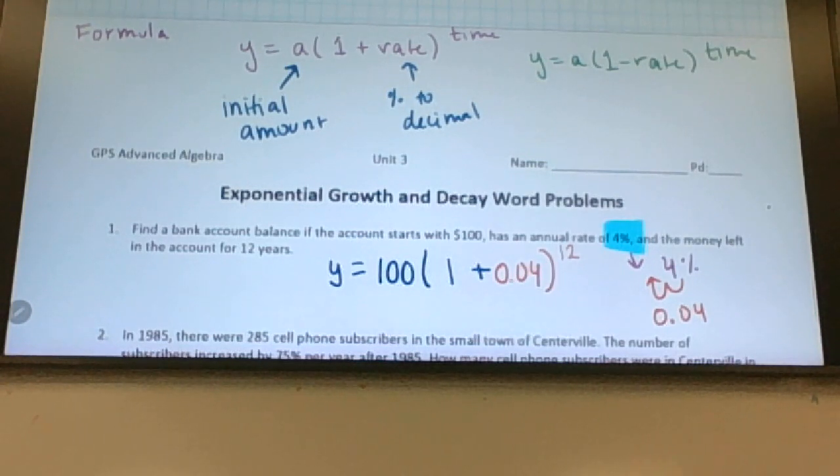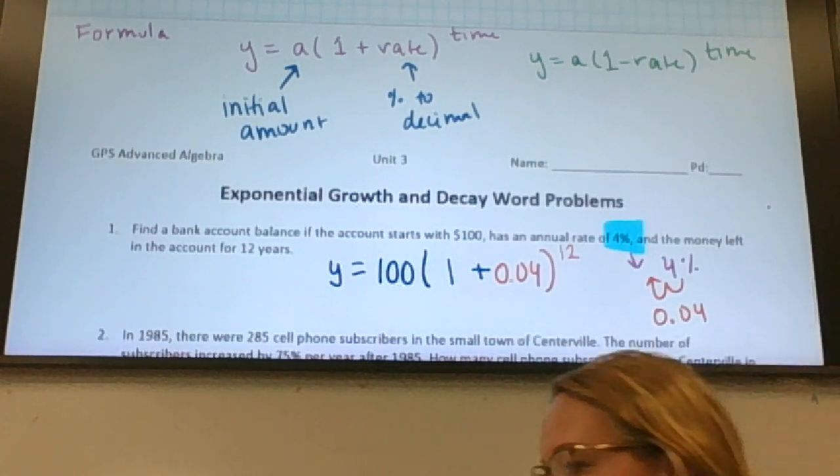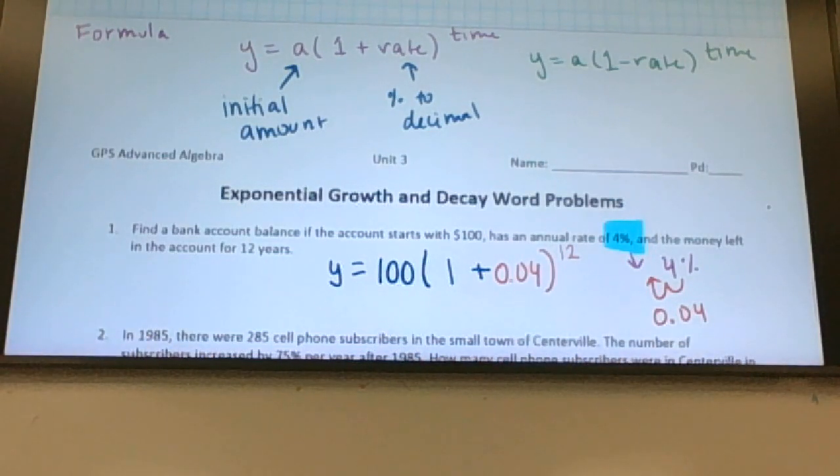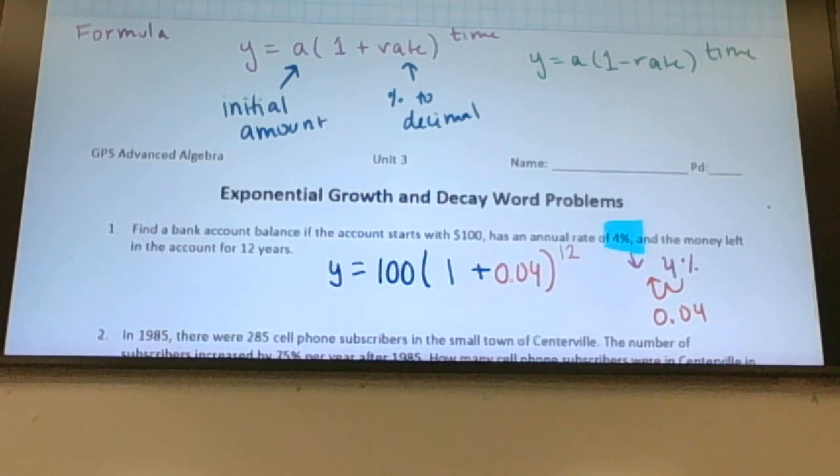Now, can you put that into a calculator and get it right? My advice to you on the TI-30 calculator, first off, you can put it all in there at once. Go ahead and try it. But on this calculator, what I might do is inside the parentheses, this right here, we call quick math. 1 plus 0.04.